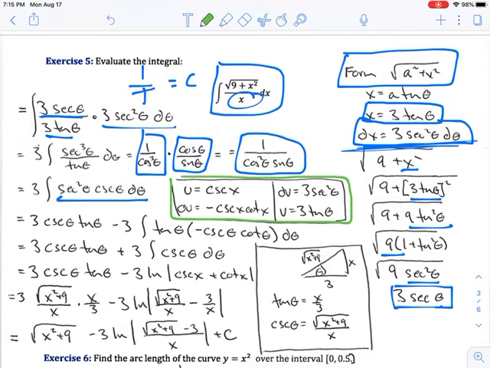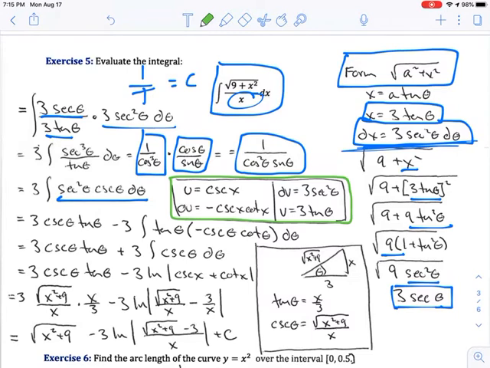Integration by parts. So I decided to let u be equal to cosecant x. The derivative of cosecant is negative cosecant x cotangent x. That means the derivative dv had to be, I put the 3 in there, I didn't really need the 3 in there, secant squared.